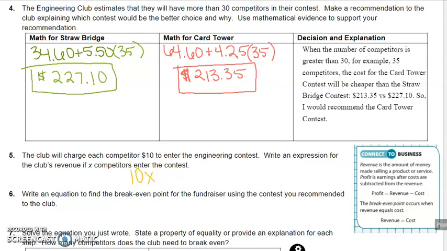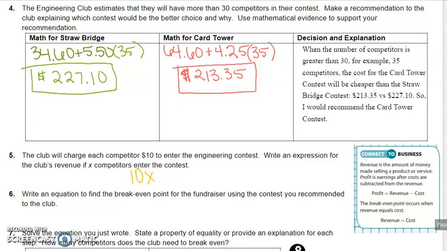Now it says to write an equation to find the break-even point for the fundraiser. So if you break even, that means that the amount that you're making is equal to the amount that you're spending. That's what we call break even.